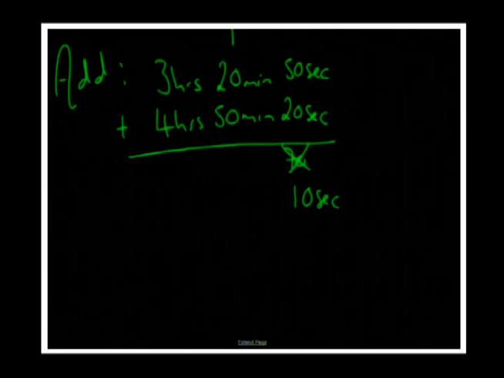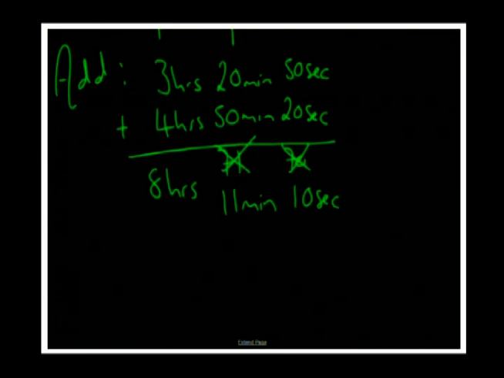Okay? Now, 20 plus 50 is 70, plus 1 is 71, which means we carry 1 hour, that's 60, and that leaves me with 11 minutes. 1 hour plus 3 hours is 4 hours, plus 4 hours is 8 hours.